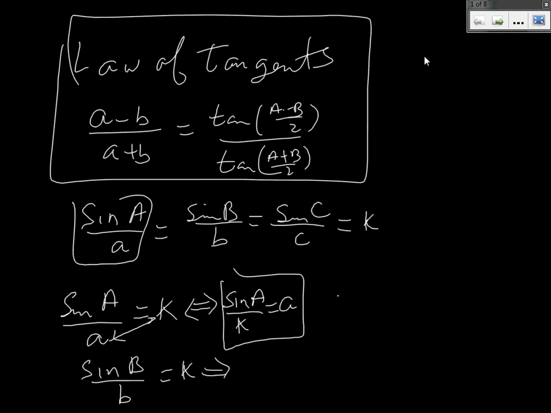So that tells me that little b is sine of B over k. Likewise, sine of C over k is c.